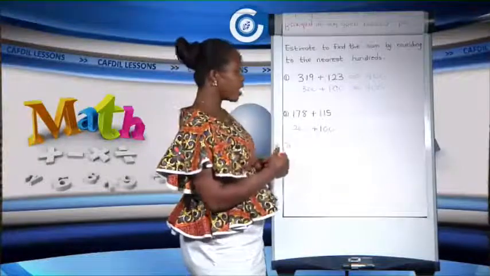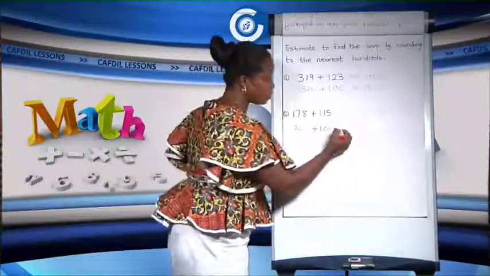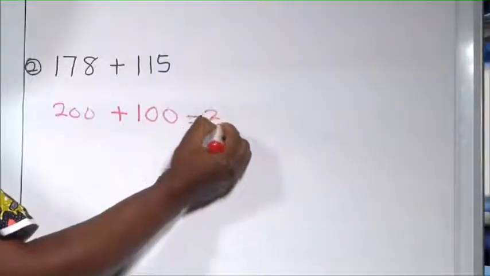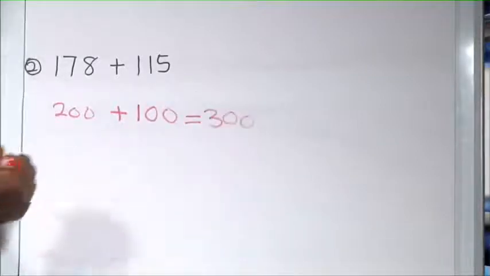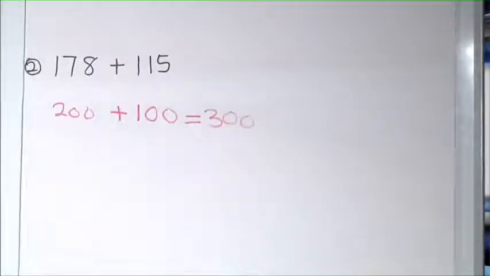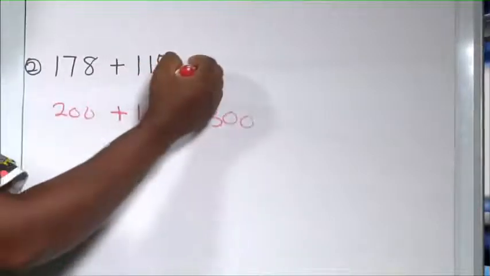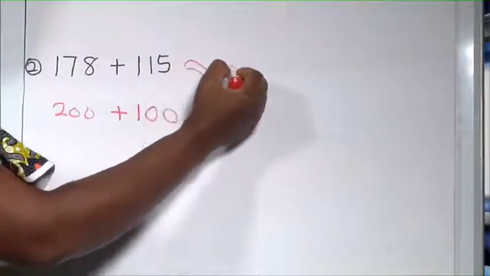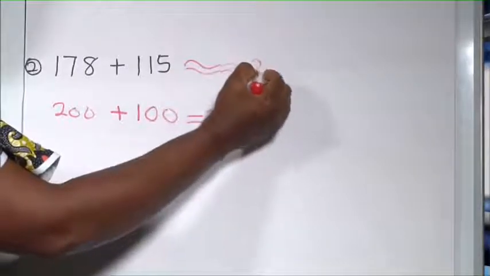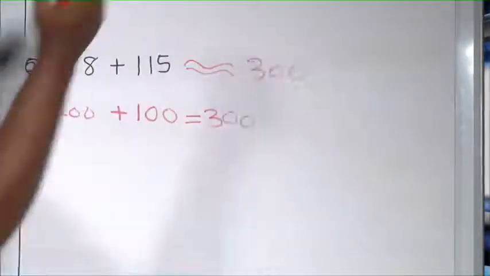So 200 plus 100 will give us 300. 178 plus 115 will be approximately equal to 300.